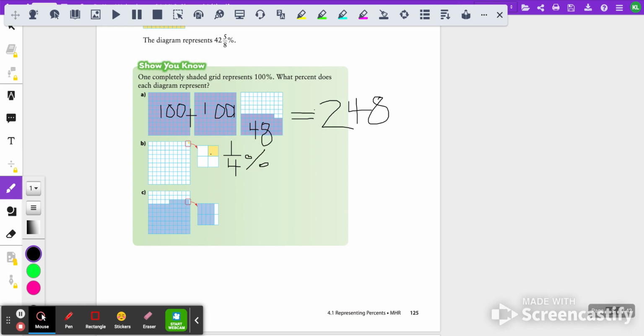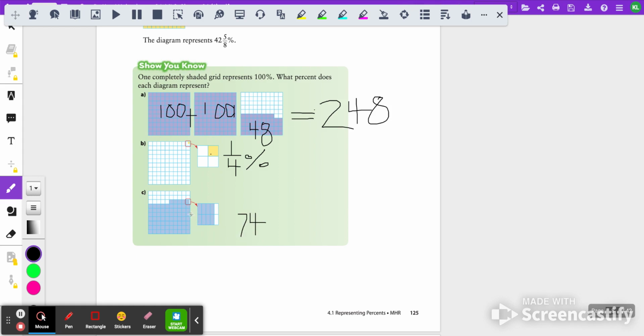And C, I have some completely shaded in squares and then a partially shaded in square. So I'm going to count the number of completely shaded in squares: 10, 20, 30, 40, 50, 60, 70, 71, 72, 73, 74, and a partially shaded in square.